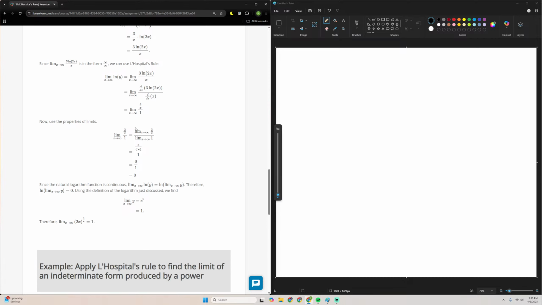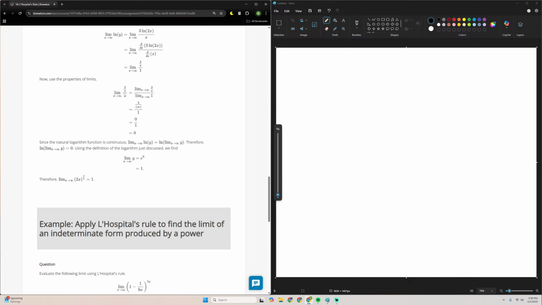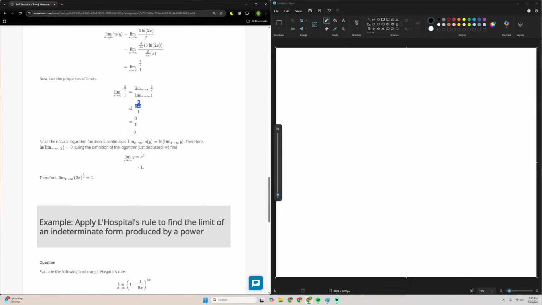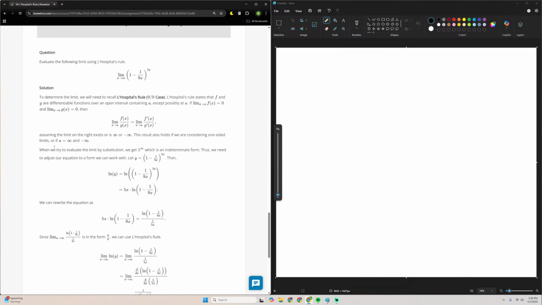When I use the properties of limits, plug in infinity, 1 over infinity. Any number over infinity just makes it 0 because you keep getting closer to 0 but never actually get there. This is natural log and continuous. You then plug in e to 0 at the end. Okay.